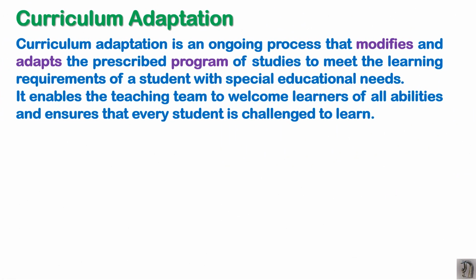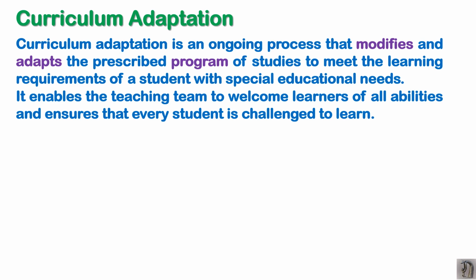Adaptation. Curriculum adaptation is an ongoing process that modifies and adapts the prescribed program, the program which you have for the student. That means modification and adaptations of the existing program of study to meet the learning requirement of the student with special education needs.